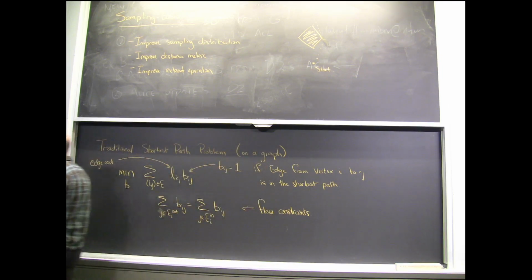It says that at every vertex, the number of edges that are coming in must equal the number of edges going out. It's a linear constraint. We have a special case for the source and the target because they don't have any in on the source, so I'll leave that out, but I would just put a delta function in there to capture those.